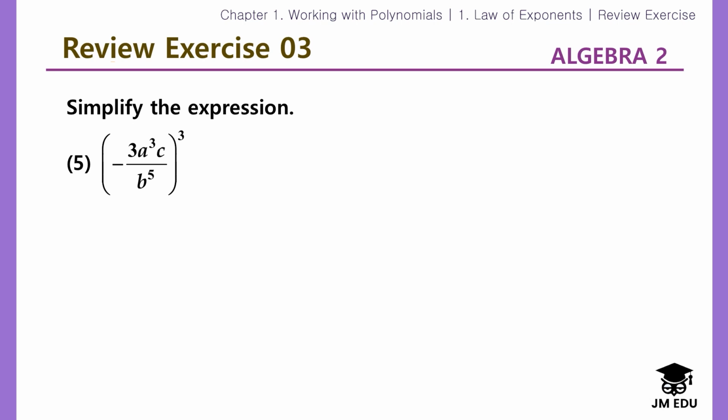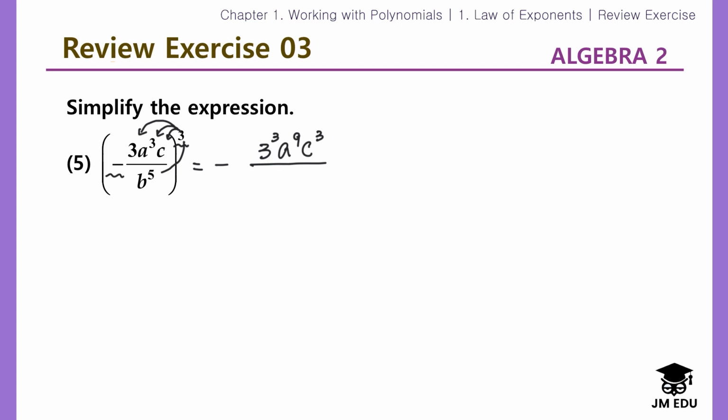Number 5, if negative is multiplied an odd number of times, then that's negative. So we have negative 3 cubed, right? 3 cubed. a to the 3 times 3, a to the 9. And 3 times 1, that's 3. So c to the power of 3.